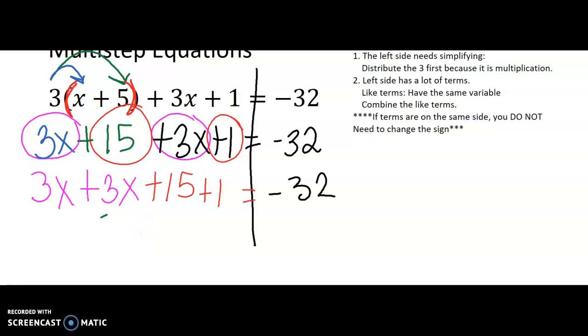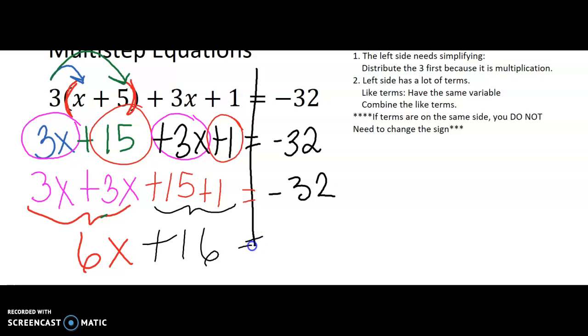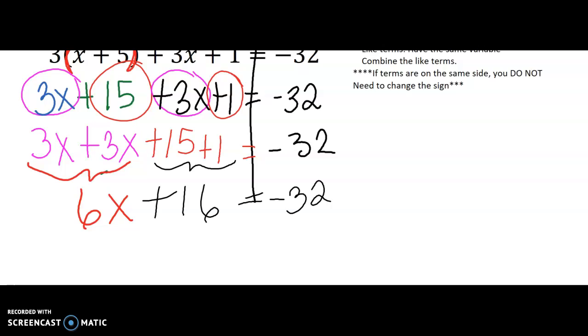I just combine it. So here we got 3x, and 3x gives me 6x. And then we have 15 plus 1 is 16 equals negative 32, like this. And now we're back to the two-step equation where we have 6x plus 16 equals negative 32.